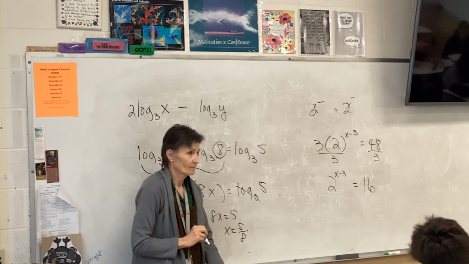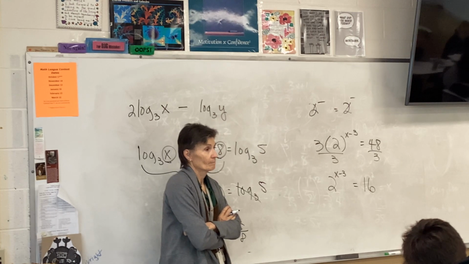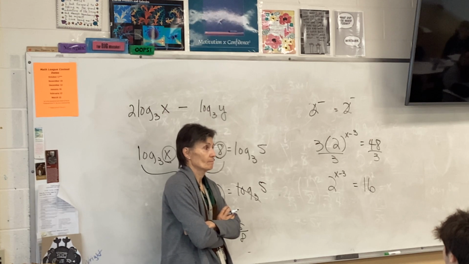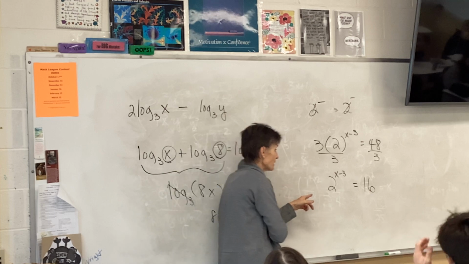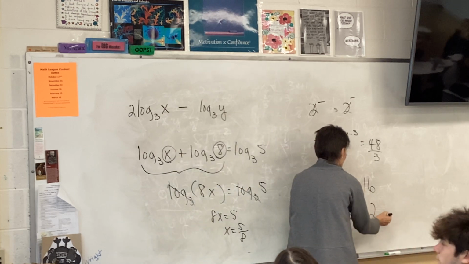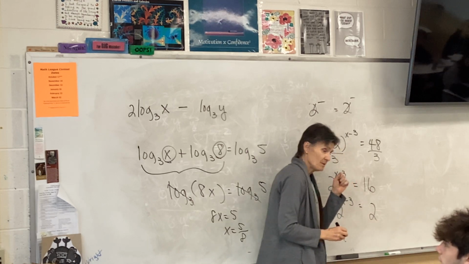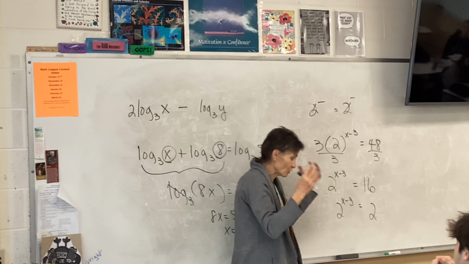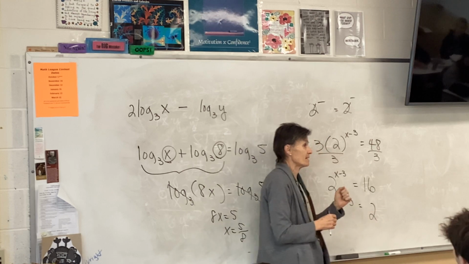And then when we do, 2. So this one's kind of like the first problem we did. We need this to be 2 to something. And again, guys, these problems are going to all be rigged, okay? So you're going to be able to do this. 2 to some power is 16.